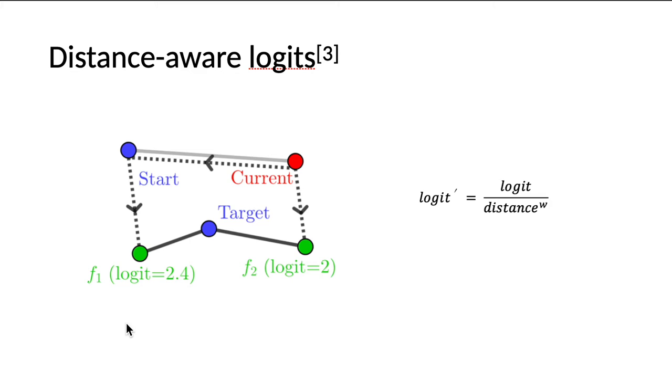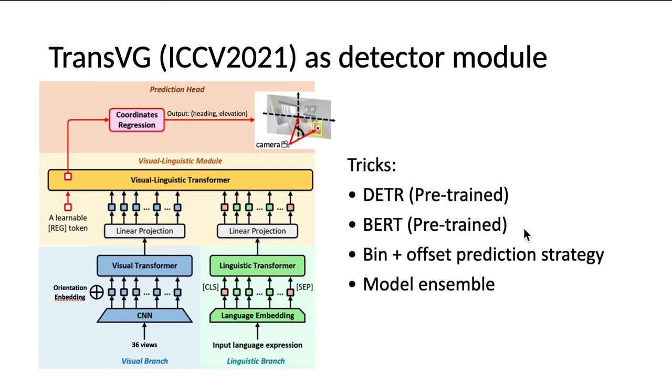In other words, we make a trade-off between the path length and the success rate of the navigator. After adjusting the hyperparameter W, the navigator will tend to choose shorter paths with a comparable success rate. Besides, we also fine-tune other hyperparameters like the maximal step to make the model achieve a higher SPL.